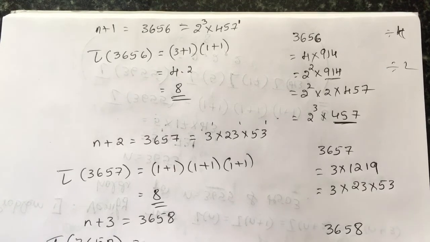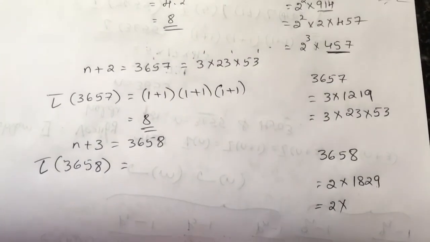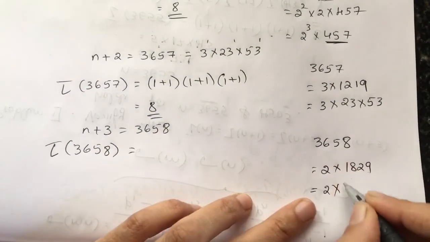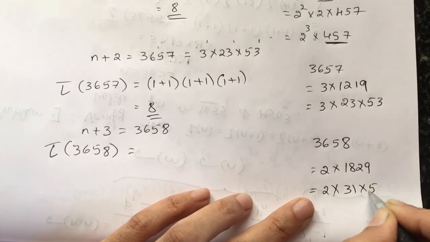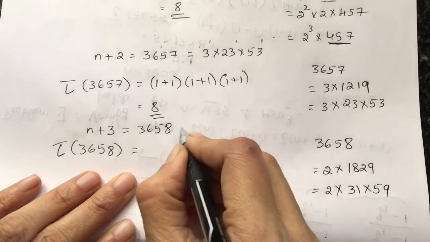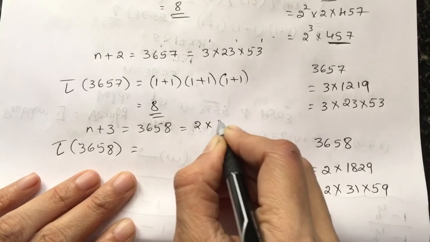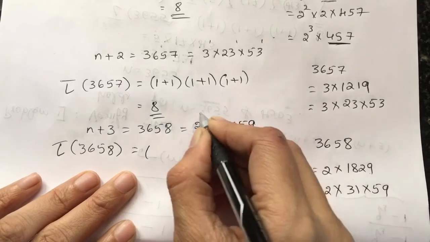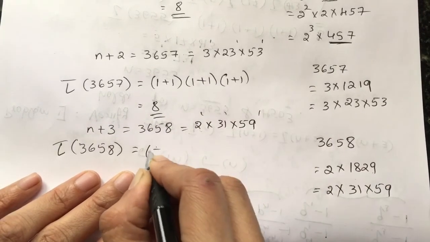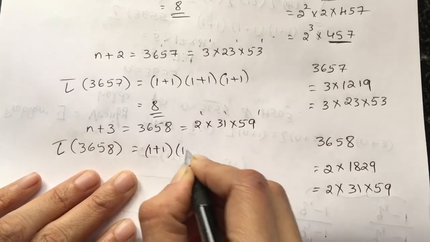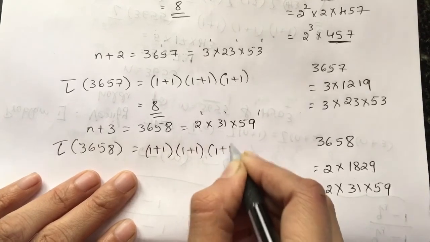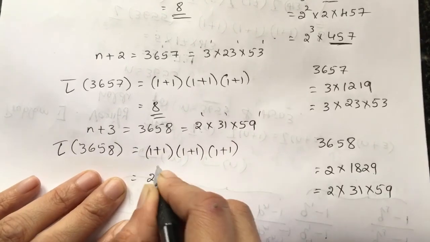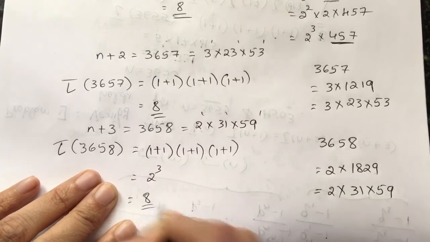Okay, this can be written as 2 into 31 into 59. So it's again the powers are 1. So 1 plus 1 into 1 plus 1 into 1 plus 1. I'm directly using the formula. So 2 cube, which is nothing but 8.